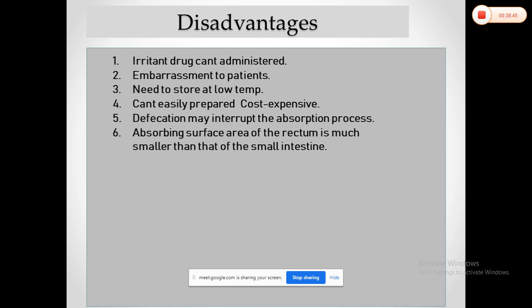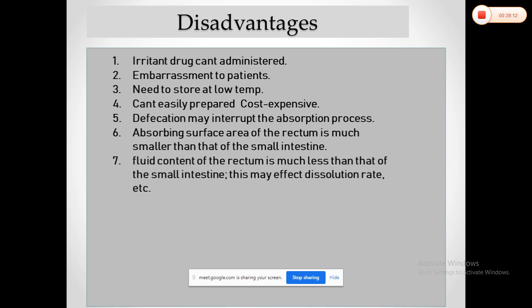Along with that, the uptake mechanism is the transcellular route, which again depends upon your lipophilicity. So these are the physiological factors of the rectum that can affect the absorption and solubility of your drug.